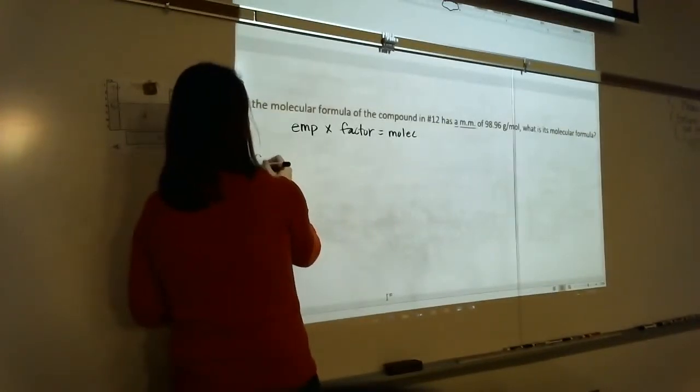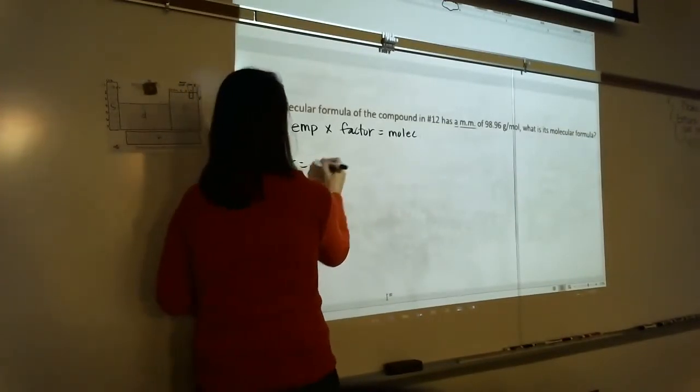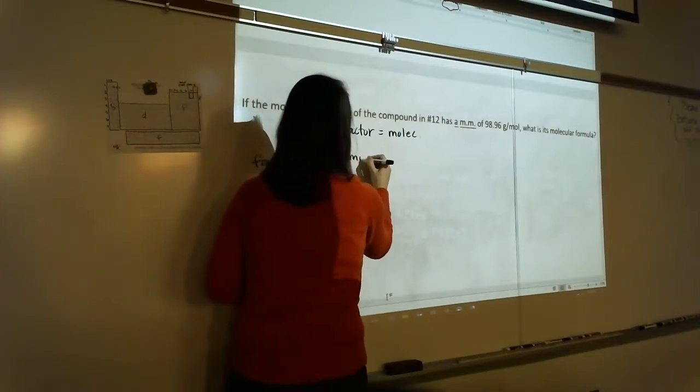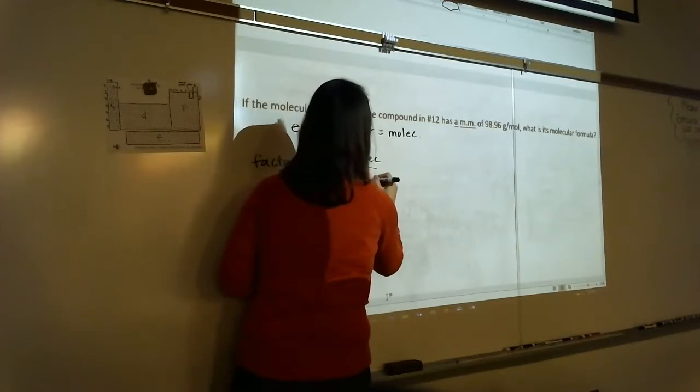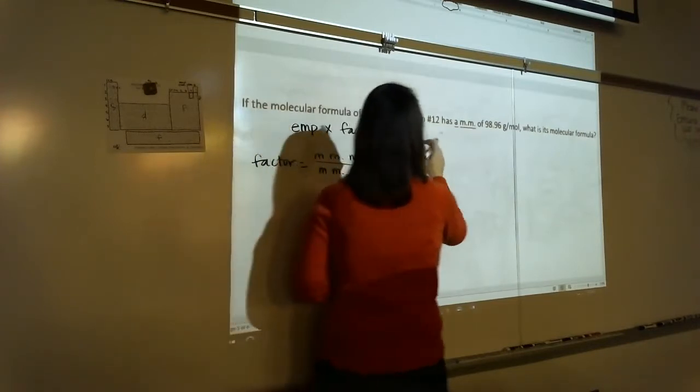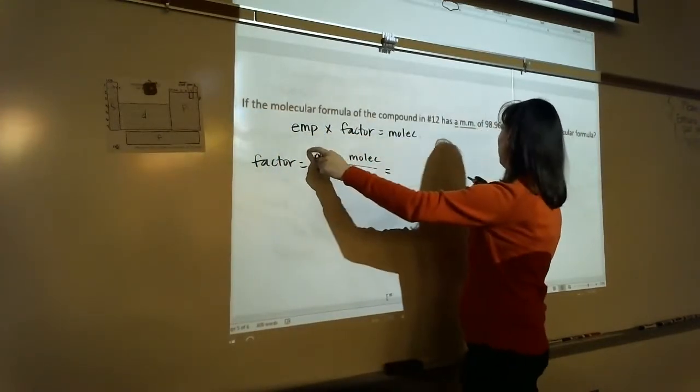So the factor is the molar mass of molecular over the molar mass of the empirical. This would have to be given, because you wouldn't be able to do this otherwise.